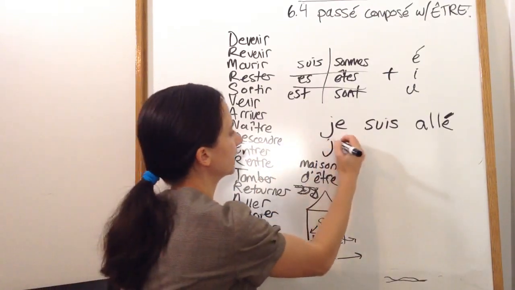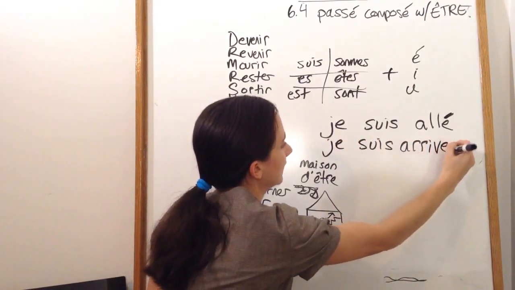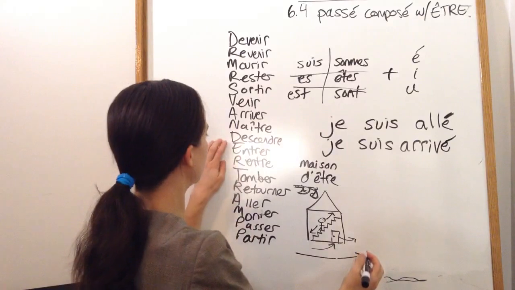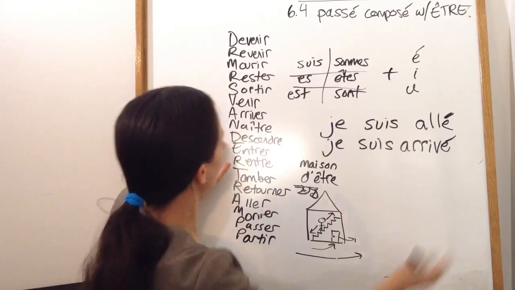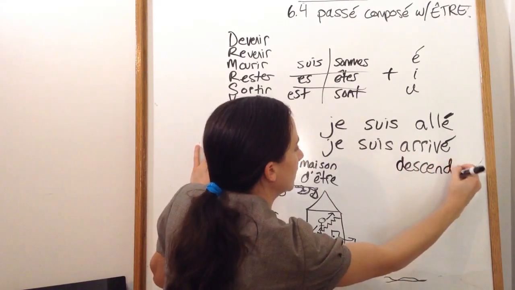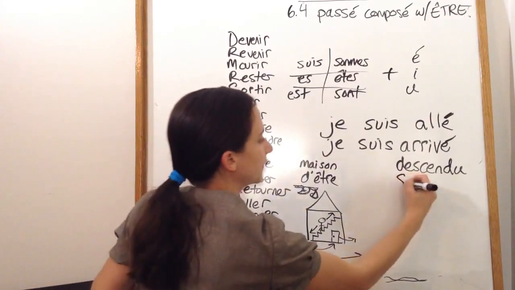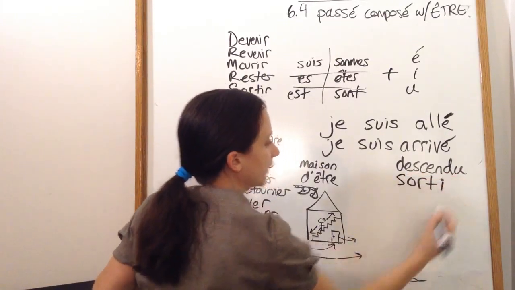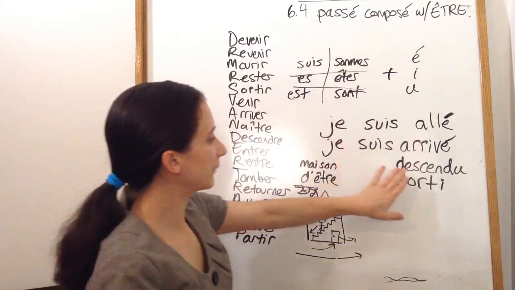I arrived. Okay, let's do descendre, like I went down. That's an RE verb. I went out. So, I am gone out. I am gone down.